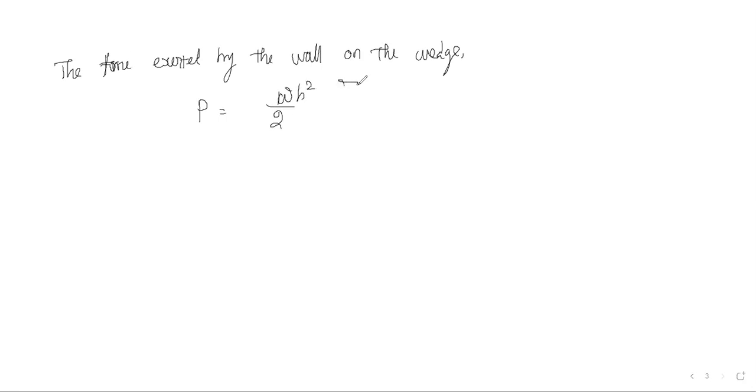The force exerted by the wall on the wedge, that is P, is equal to half into omega into h squared into (1 minus sin phi) divided by (1 plus sin phi).